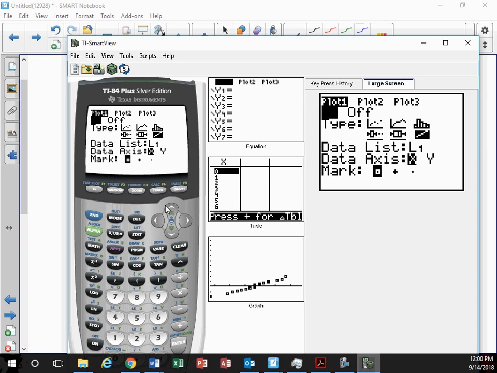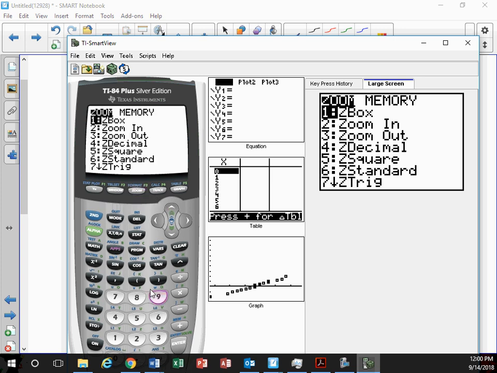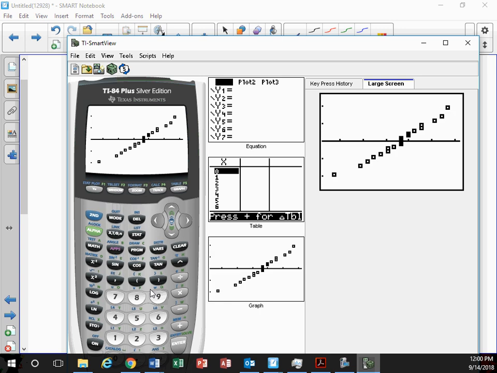Okay. This is your normal probability plot. I have my data from list 1, and then I always just leave this on the x-axis, where it's going to be plotted. Once you have that, go ahead and hit zoom 9 for me. This is our normal probability plot.